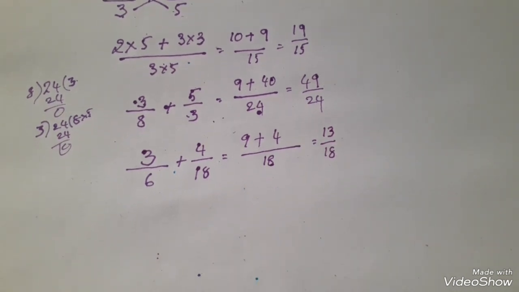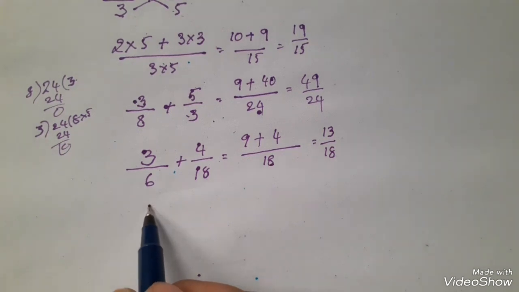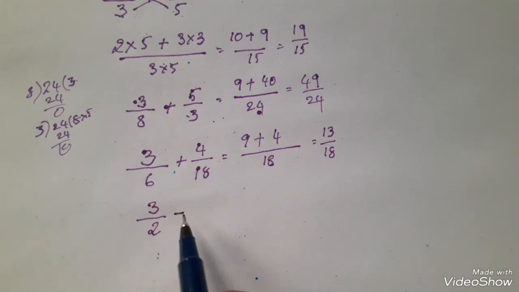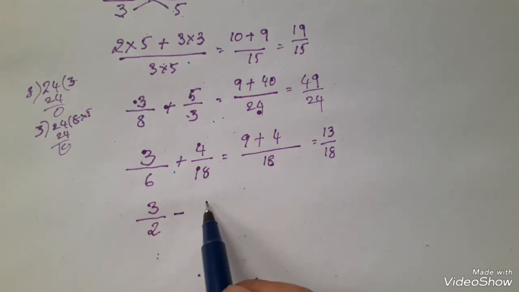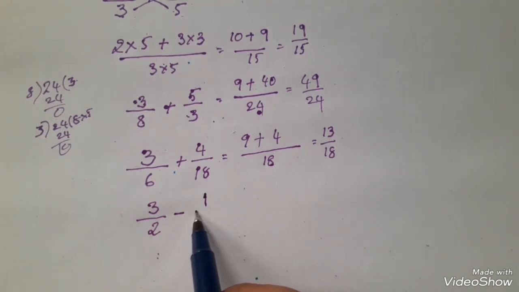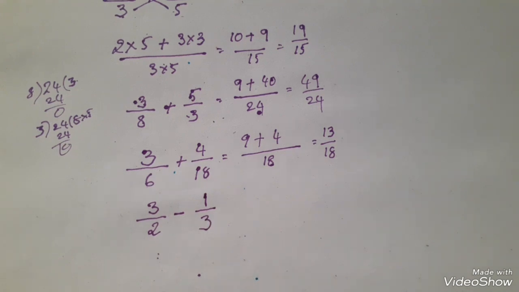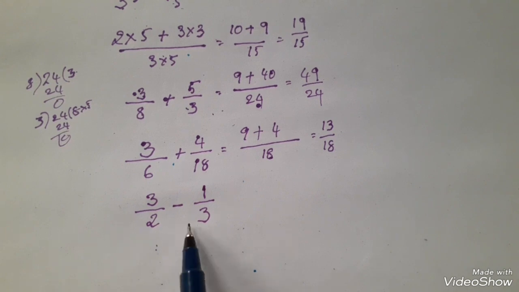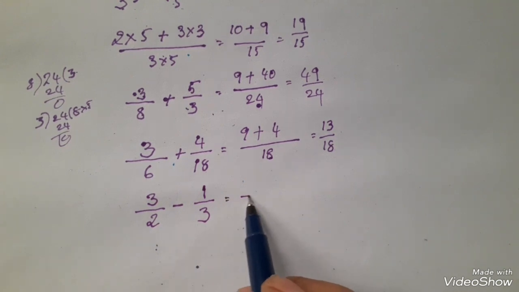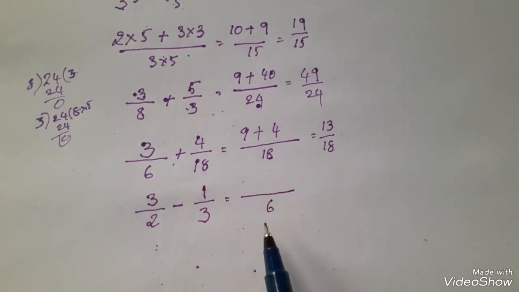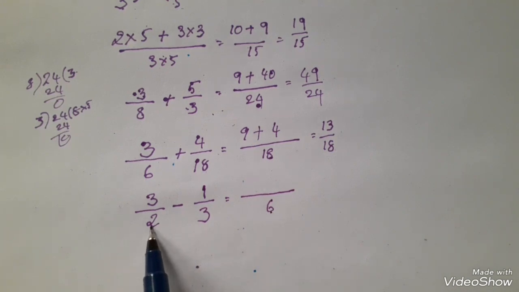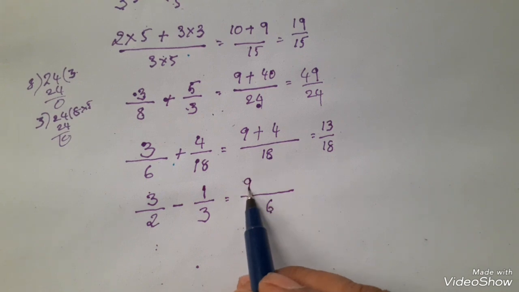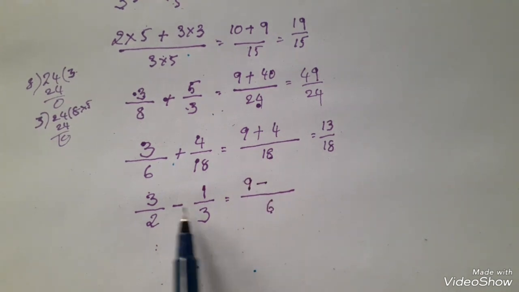For example, you take one subtraction. 3 by 2 minus 1 by 3. So you take the LCM of 2 and 3. What is the LCM? 6 is the LCM. Now 6 divided by 2, we get 3. 3 into 3, 9. Minus, here minus.